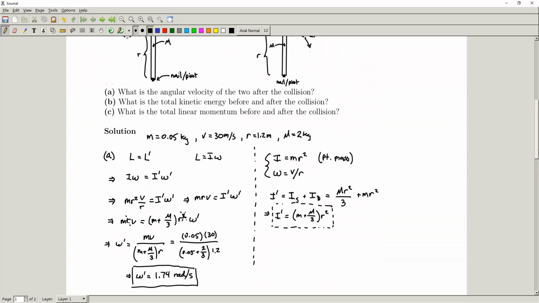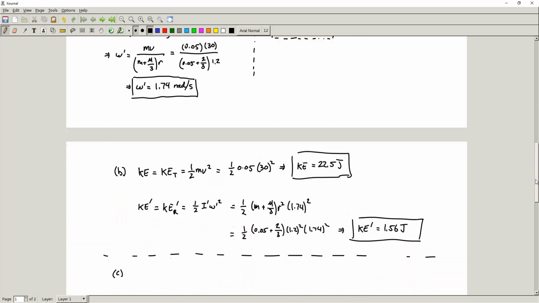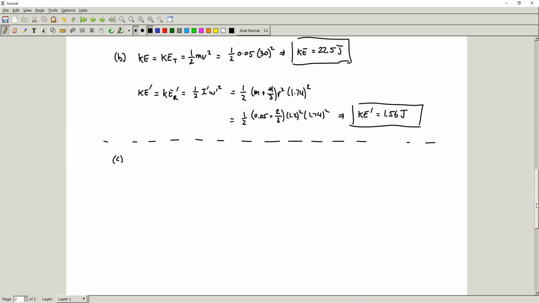In part C, we want to know what the total linear momentum before and after the collision are, right? So linear momentum before the collision should be pretty easy for us. The only thing moving before the collision is the disk, and we know that our linear momentum can be written like this, where again the only mass we're considering is the mass of the disk, and the initial velocity of the disk is the only velocity we're interested in.